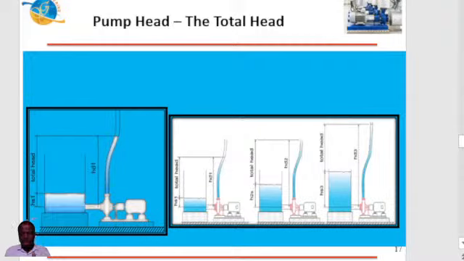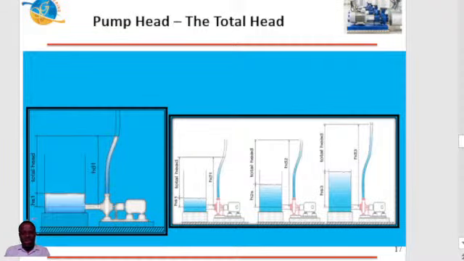The difference between the liquid level in your suction tank and the head you can see in this picture, the head in the vertical discharge pipe, denoted by HD1. The difference between that head in the vertical discharge pipe and the liquid level in your suction tank is known as the total head that the pump can produce at any given point.